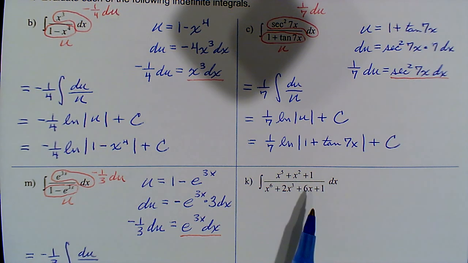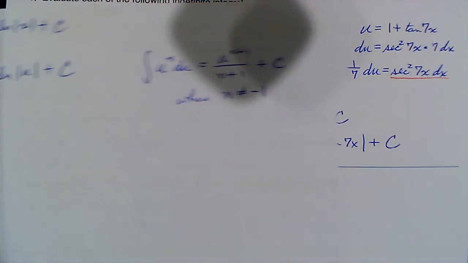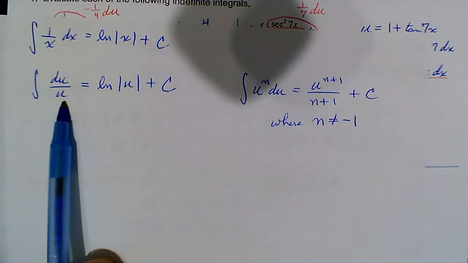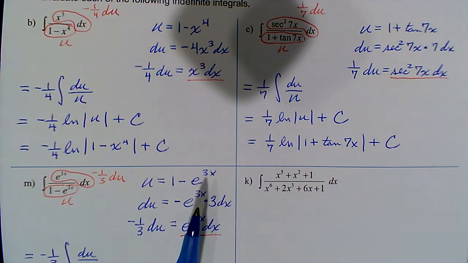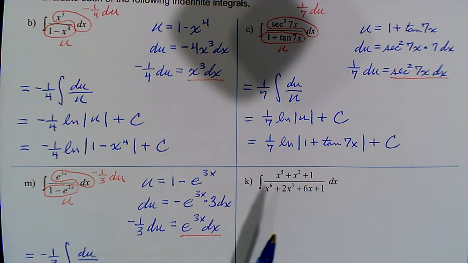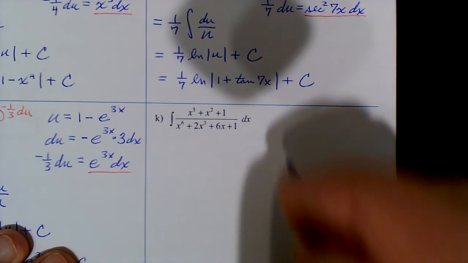And once again, we have two formulas for integrating fractions. They are either du over u if the denominator is not a power, or u to the n if the denominator is a power. And in this case, again, the denominator is not a power, so we're going to try to fit du over u by choosing our u to be the denominator.